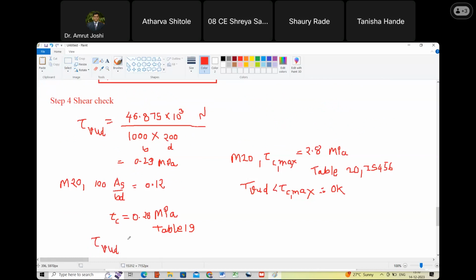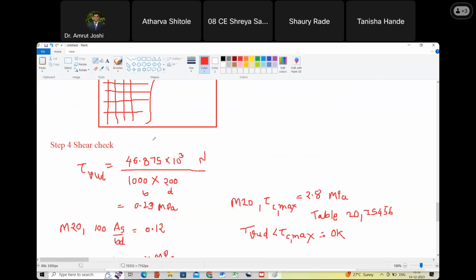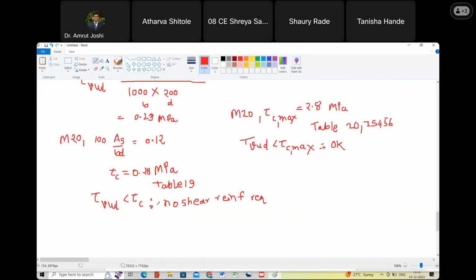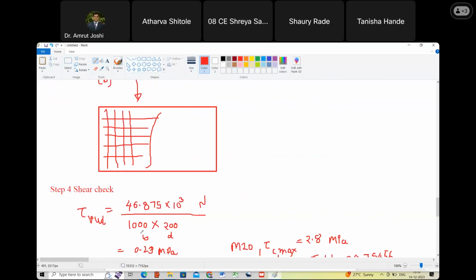Sorry, yes, it is less than tau C. Therefore, no shear reinforcement is required. ये बीम में लगता है, स्लैब में नहीं लगता. So therefore, shear check is complete. We need not revise the depth, and no additional shear reinforcement is required. Happy?